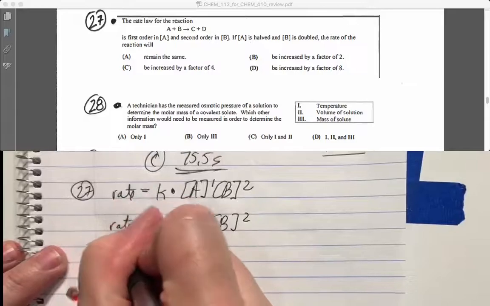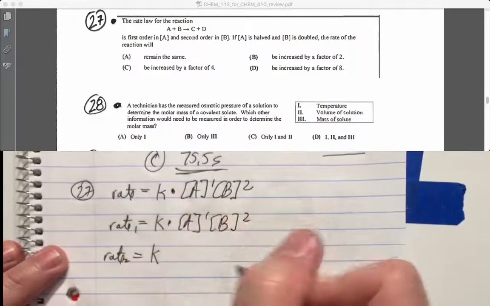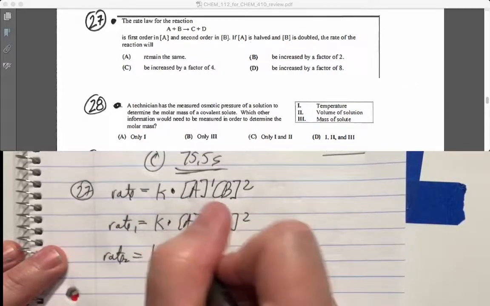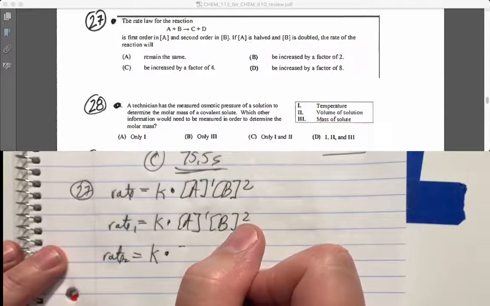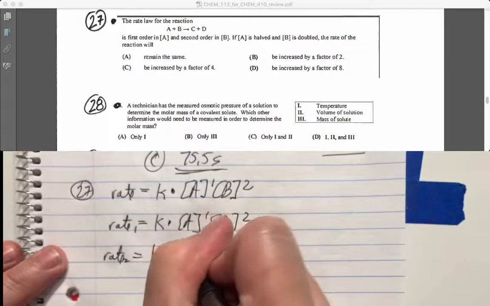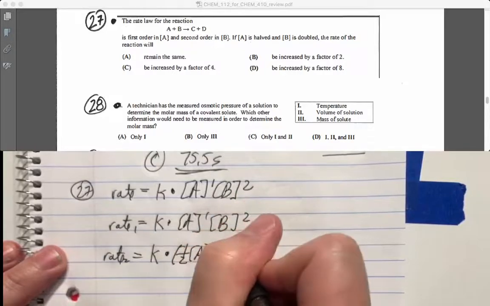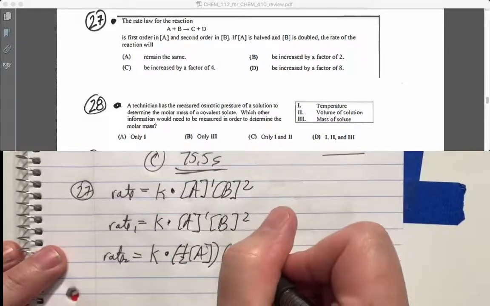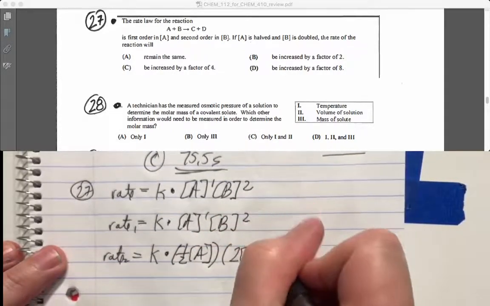Okay, and then rate 2 is going to be K times, and it says if we cut the concentration of A in half, so 1/2 A, and then we double the concentration of B.